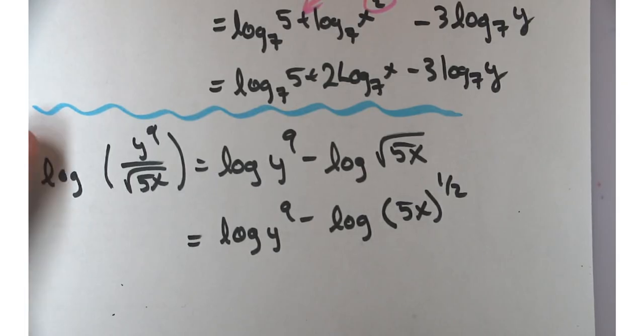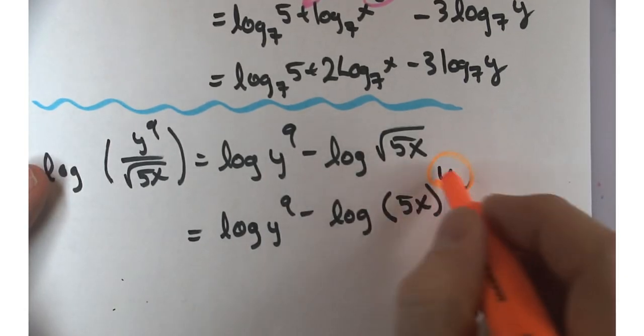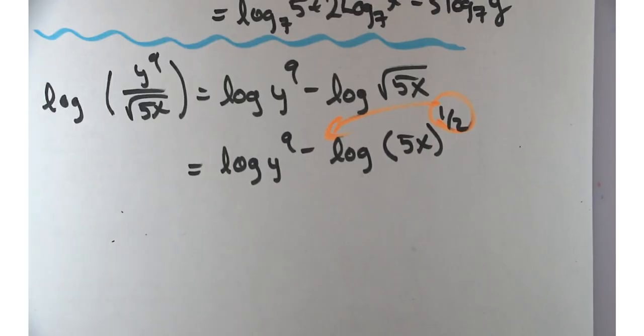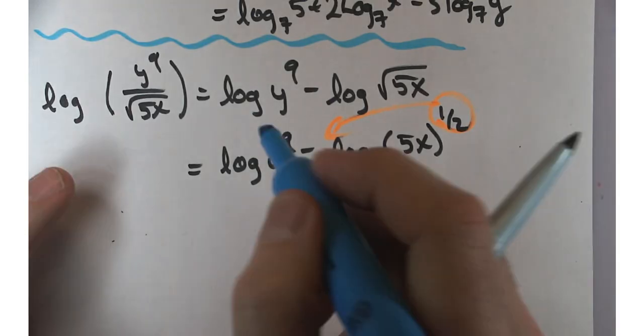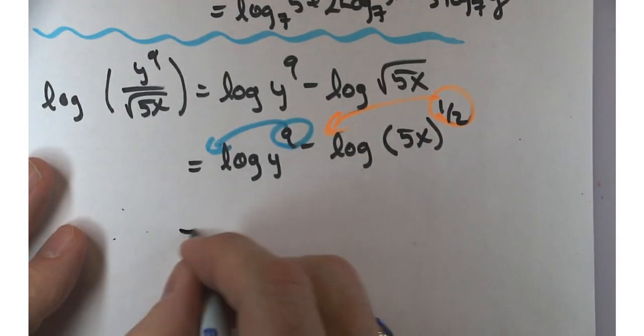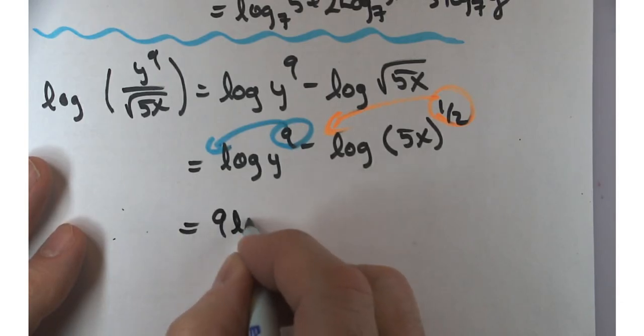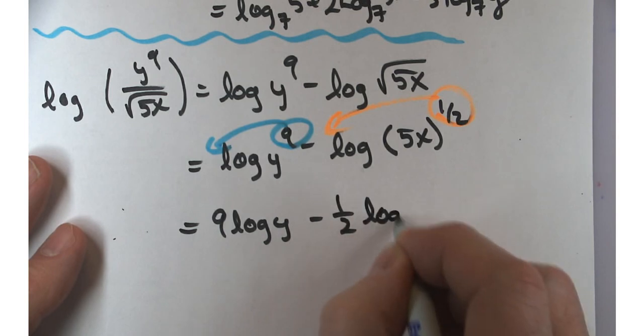All right, thank you. So let's take out the 1/2. And at the same time, I guess I can get rid of the 9 as well. So that's going to be 9 times the log of y minus 1/2 times log of 5x.